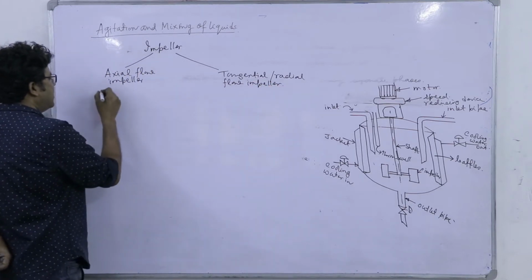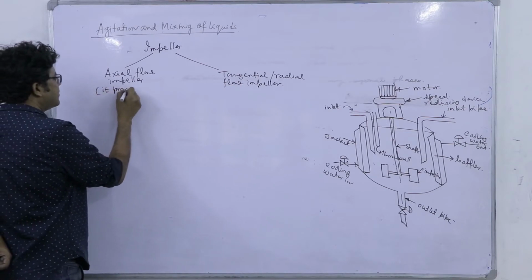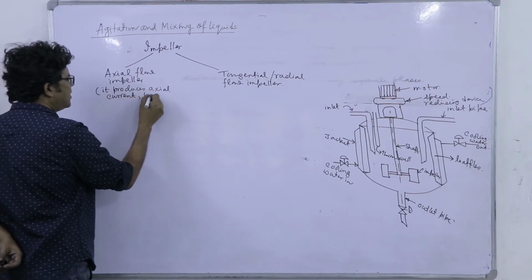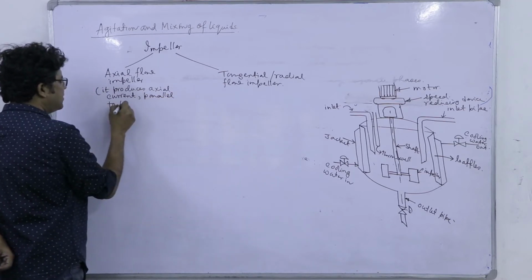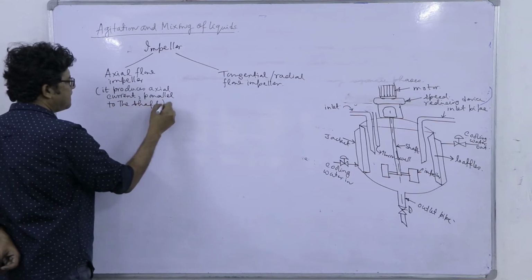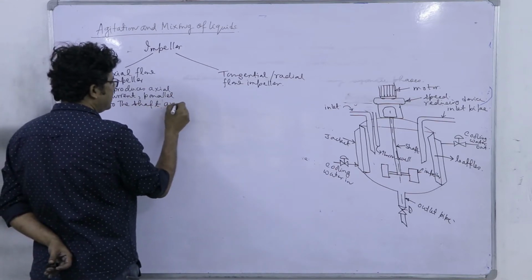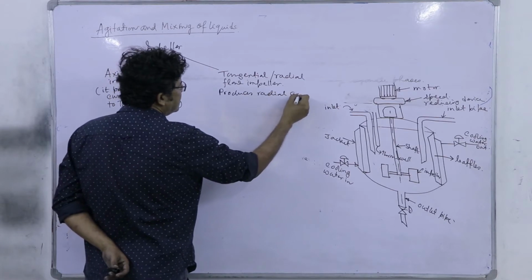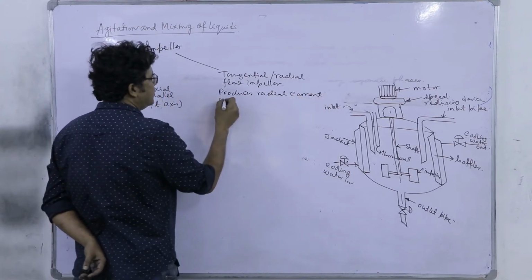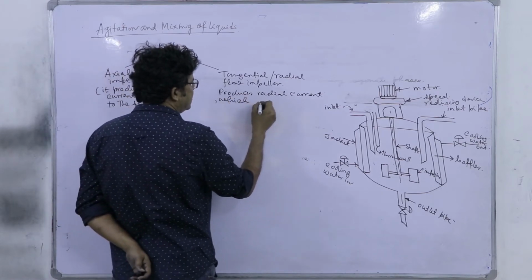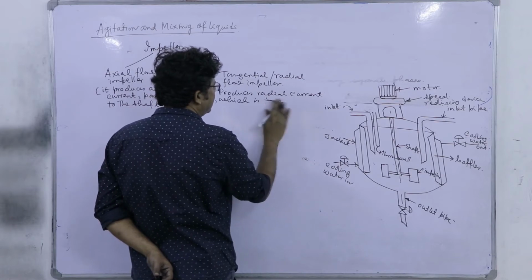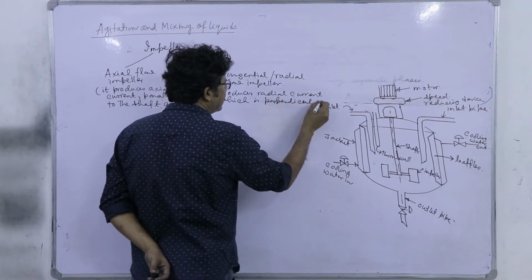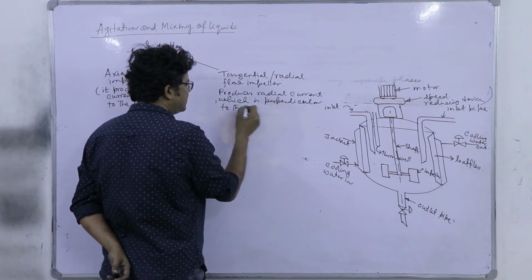So, the axial flow impeller produces axial current parallel to the shaft axis, whereas the radial flow impeller produces radial current which is tangential or perpendicular to the shaft axis.